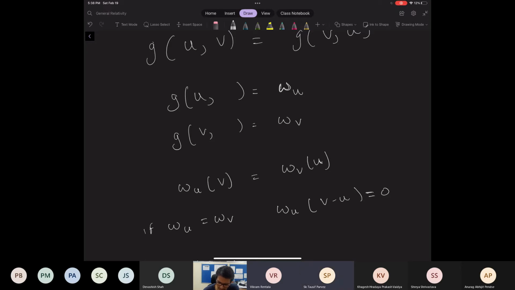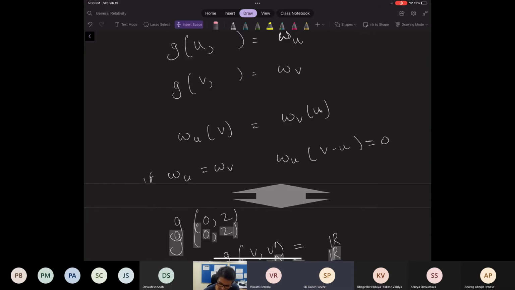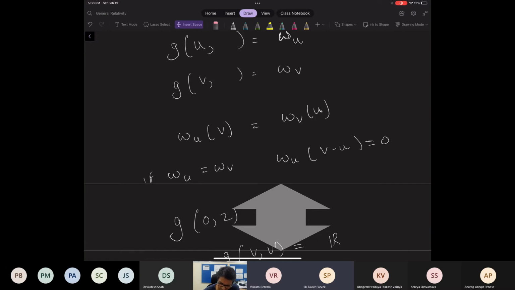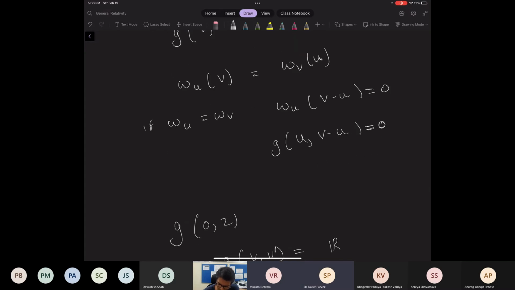So we can write this as G of U comma V minus U is equal to 0. And now we can also write W_U as W_V, so this will also hold: W_V acting on V minus U is equal to 0.